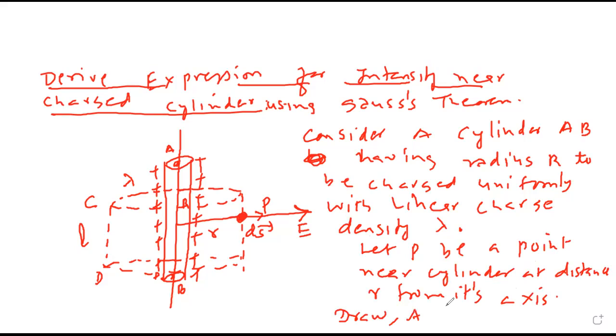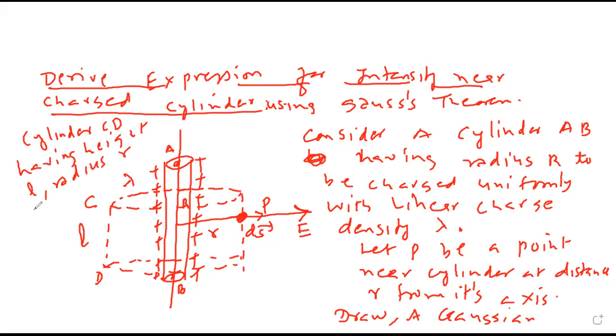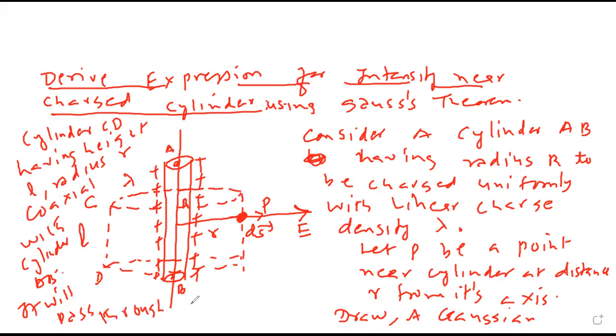Draw a Gaussian cylinder CD having height L, radius small r, coaxial with cylinder AB. It will pass through point P. Just copy it in this.